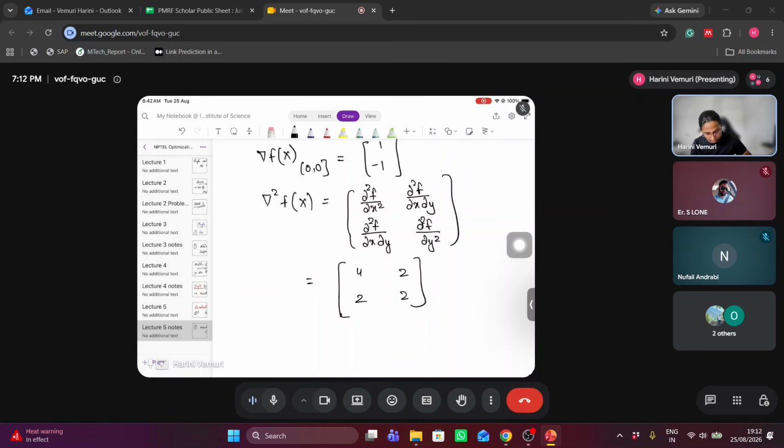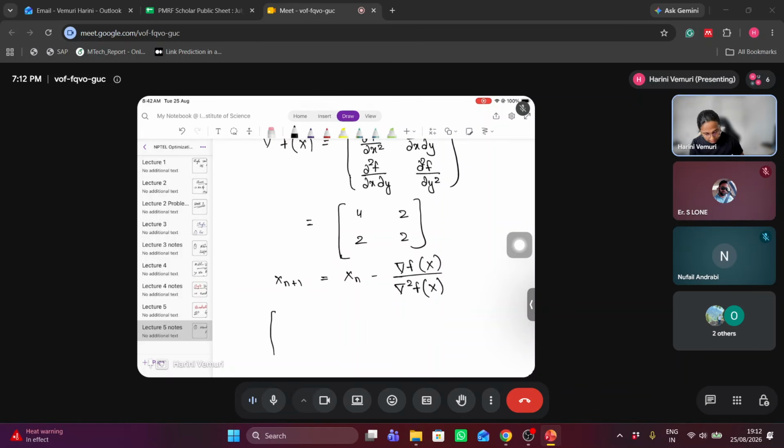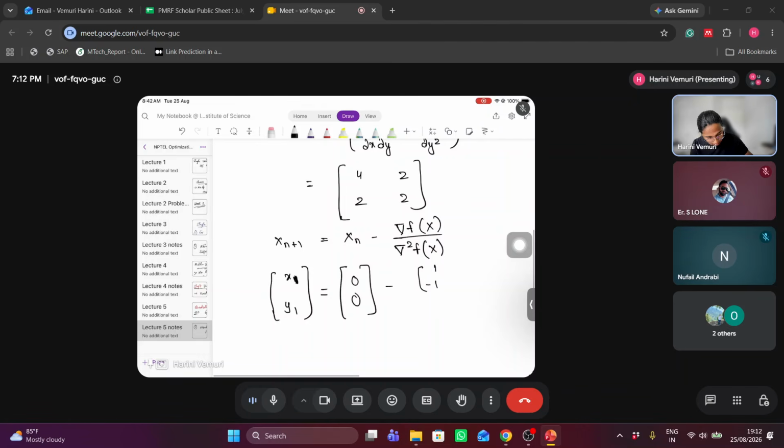So in this case, what we can do is x n plus 1 is equal to x n minus the first differentiation of f of x divided by the second differentiation of f of x. So if we take x1 y1, because initially it is x naught y naught, that is 0 comma 0, minus this term, which will be 1 minus 1, divided by, I'm just representing it like this.